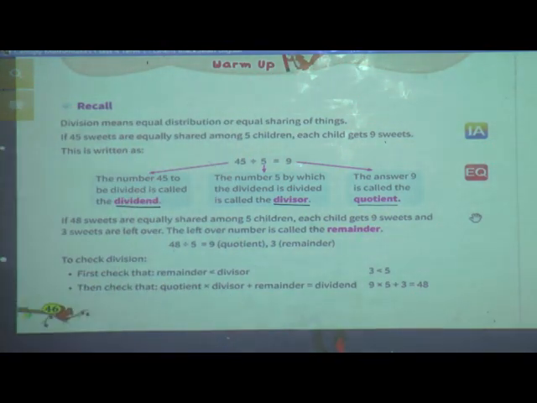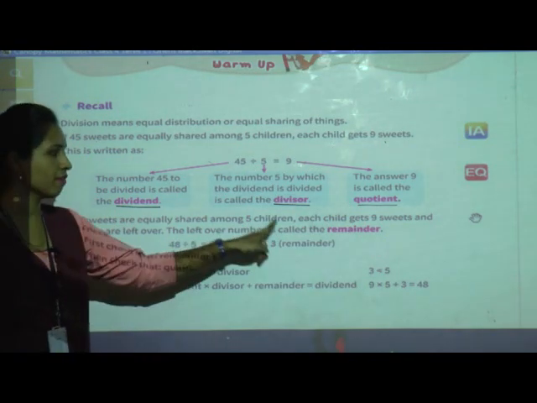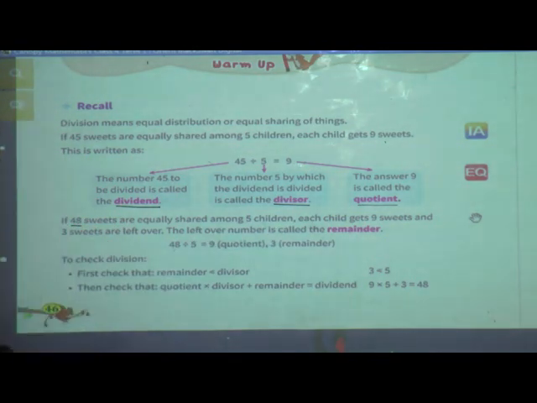Now the next question: if 48 sweets are shared equally among 5 children, each child gets 9 sweets, and 3 sweets remain.